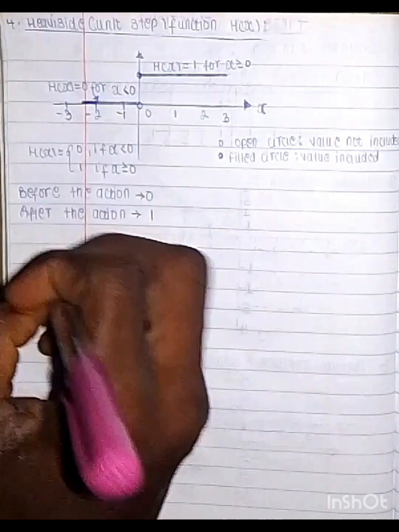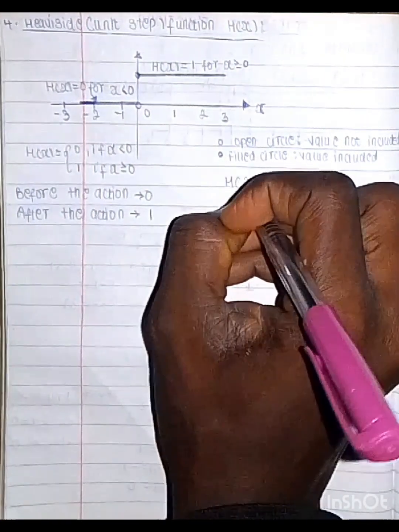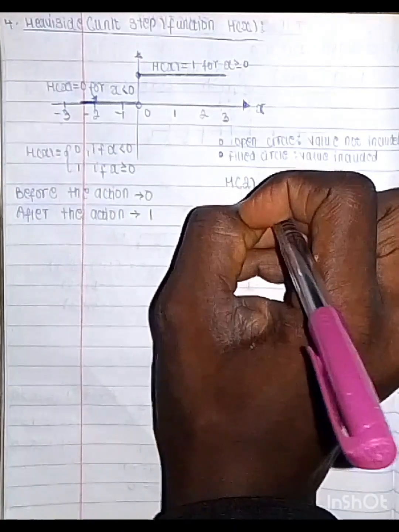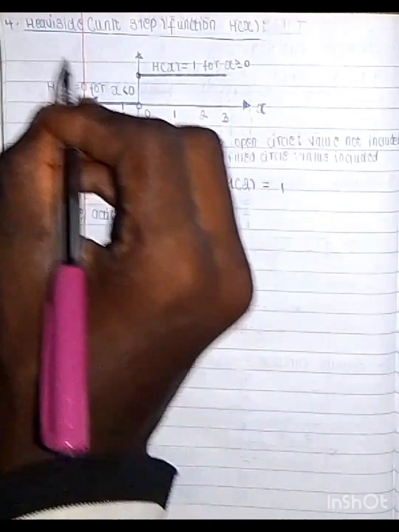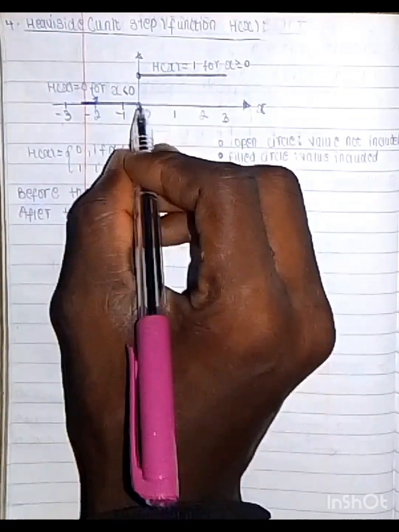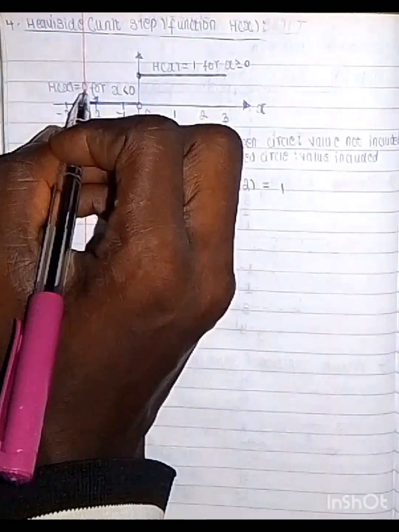Now, if we ask what is the value of H(2), the value of H(2) is 1. You can see here the Heaviside from here to infinity is 1. The Heaviside from here to minus infinity is 0.